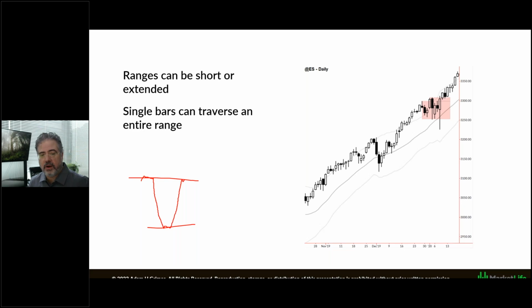But also you need to be aware that some ranges look like this, where the complete range will be filled. Sometimes every bar will fill the range. You'll be able to define a range as not really having any tradable swings on that time frame. Yes, there were probably lower time frame swings that were tradable, but on the trading time frame, the bars just fill the range. There's not really a lot you can do with it.